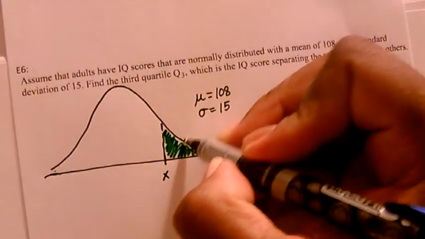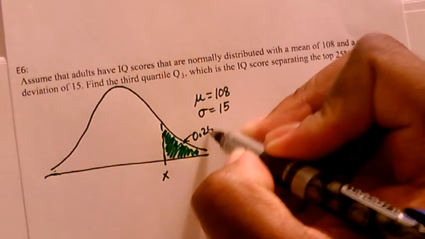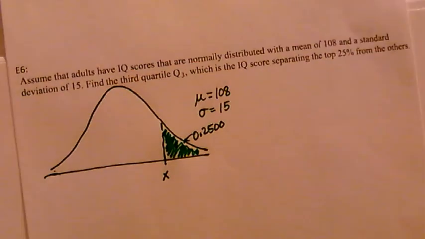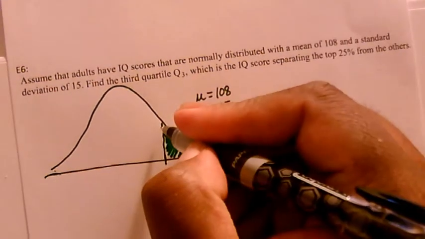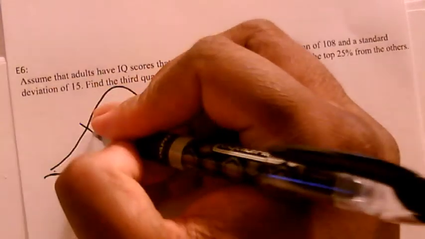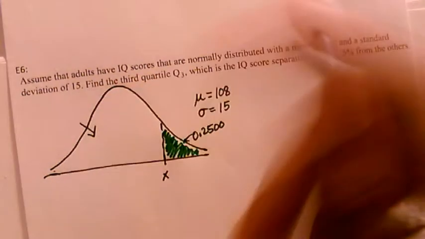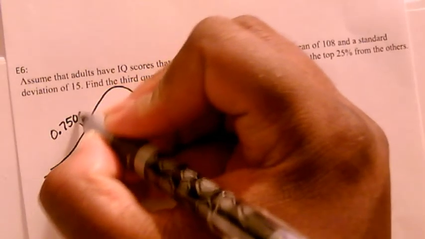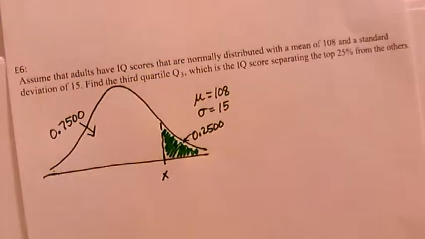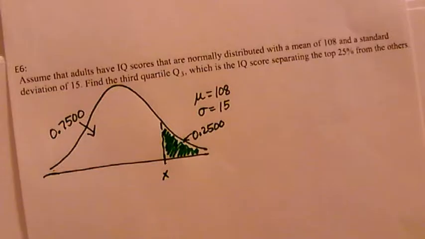Okay. So in this case here, if this is 0.2500, and if we use the table, we want the area to the left of that. So this area that's to the left will have to be 1 minus 0.25 or 0.7500. Okay, so we have to use that 0.7500 when we use our standard normal distribution table.